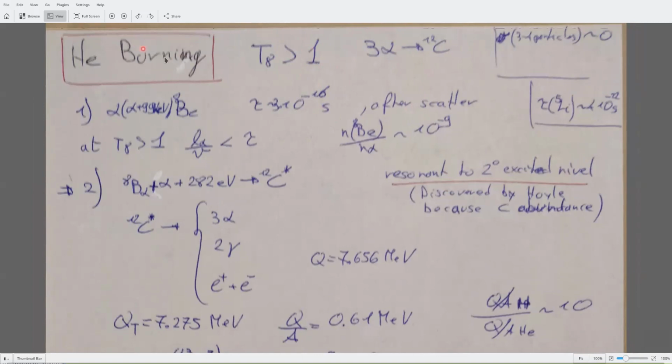Helium burning definitely needs a higher temperature. We are talking about 100 million degrees, and usually it's represented like 3 alphas into one carbon. But actually, the real cross section for a real 3 or 4 particle reaction is really, really, really small.